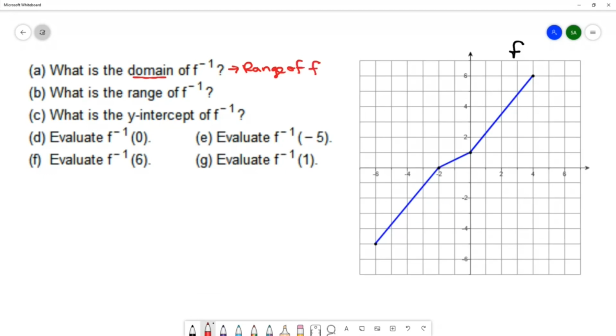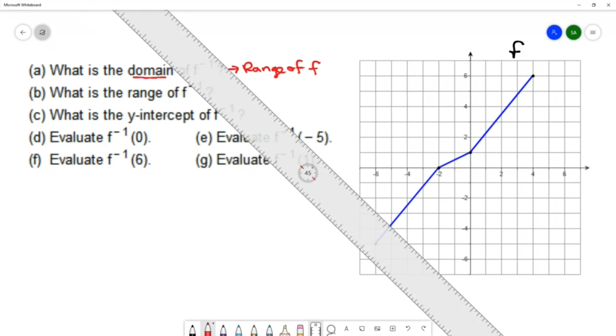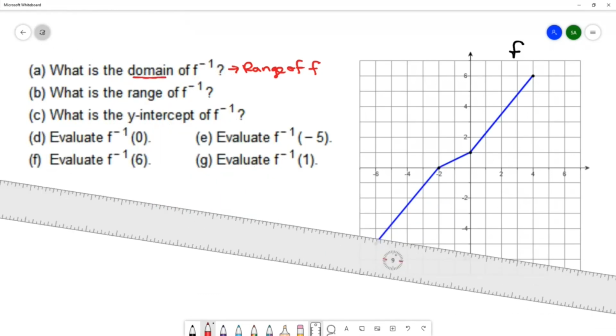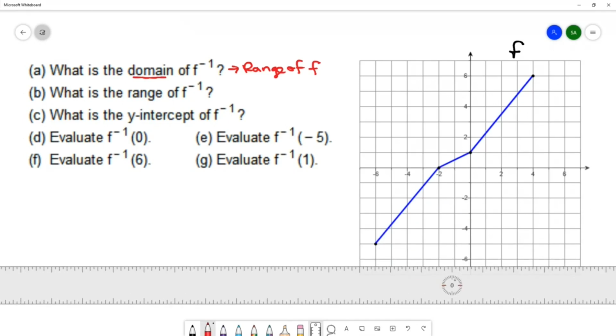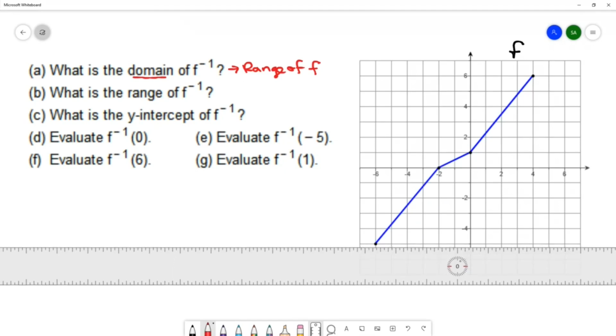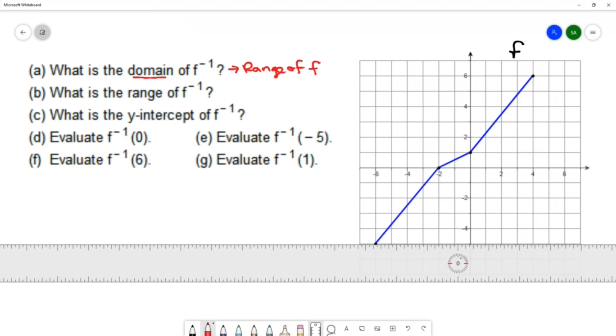So because x's and y's get switched, the domain and range get switched. So I'm going to use my ruler, and we're looking for the range of f. Those are the y values. So my lowest range value or y value is -5.